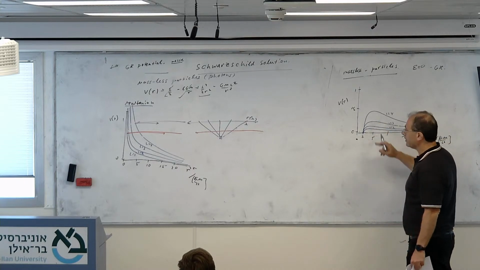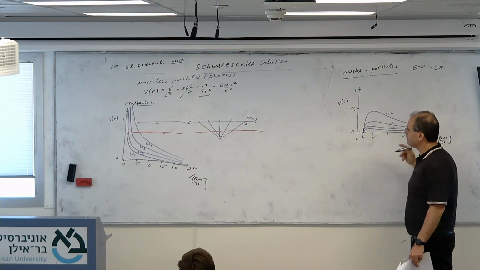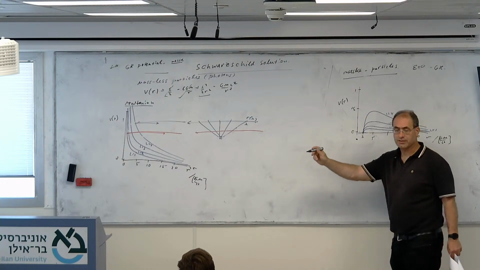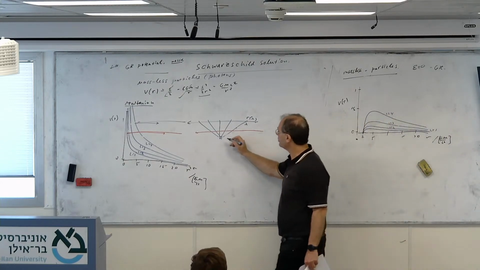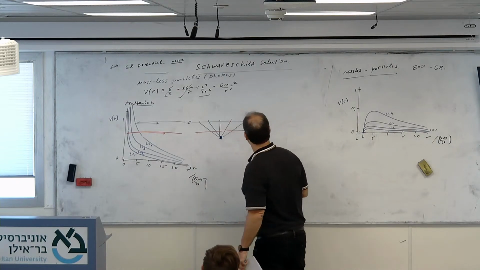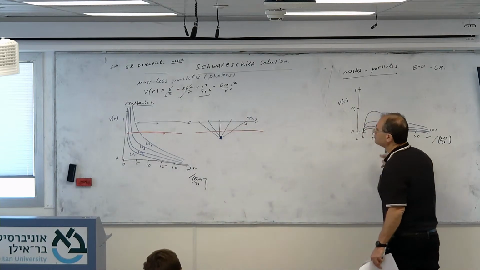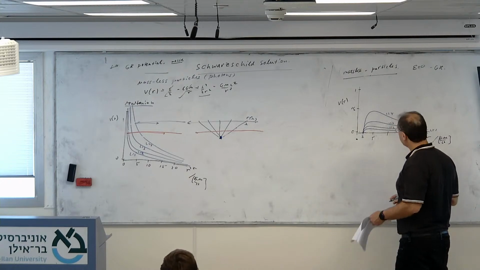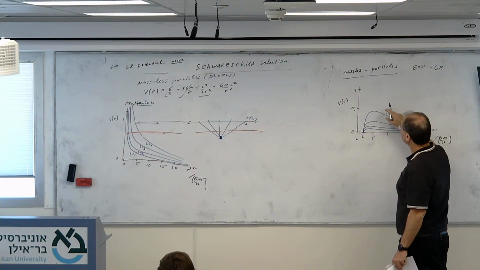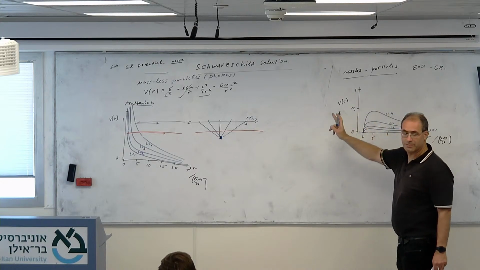So first, there is always a barrier, unless L is equal to 0, meaning that the particle just moves straight into the source of potential. There is always a barrier. Then again, if the photons are energetic enough, they could always cross this barrier.